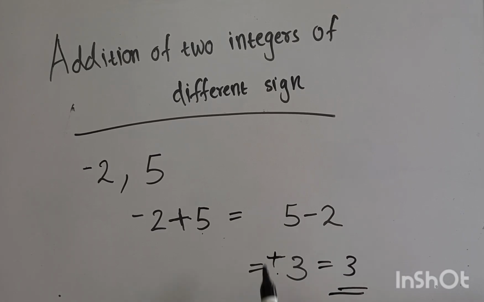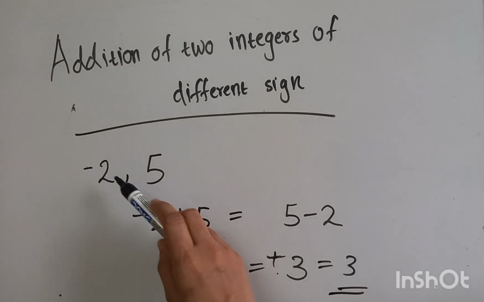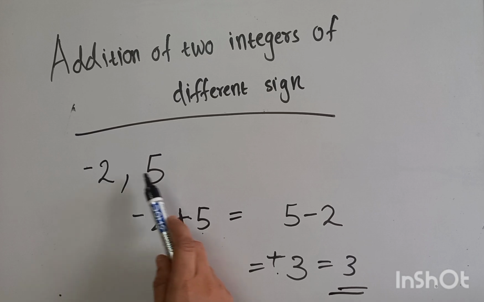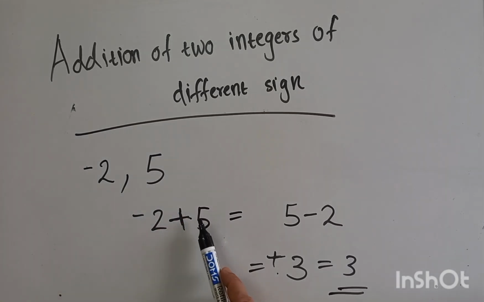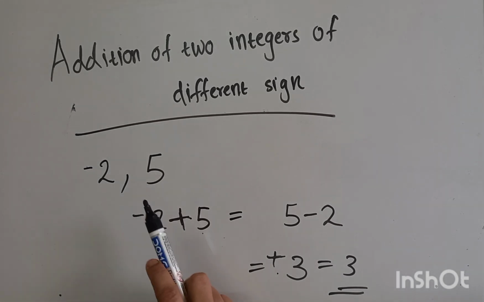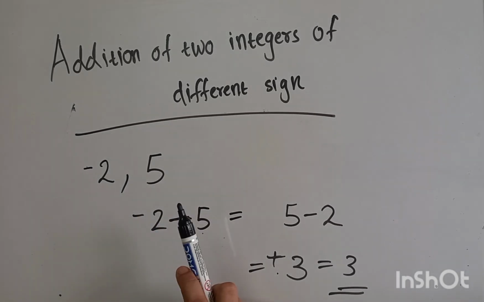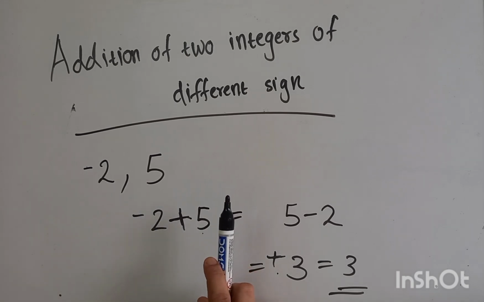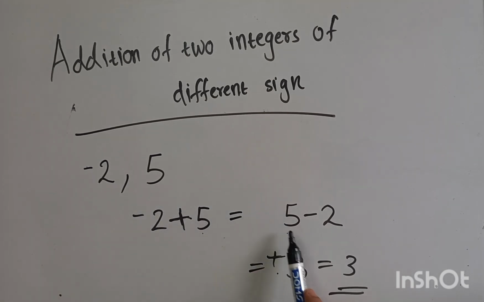This is simple. First of all, compare the two numbers, negative 2 and 5. Neglect the sign of the two numbers: instead of negative 2, take it as 2, and instead of positive 5, take it as 5. Now subtract the lesser number from the greater number.